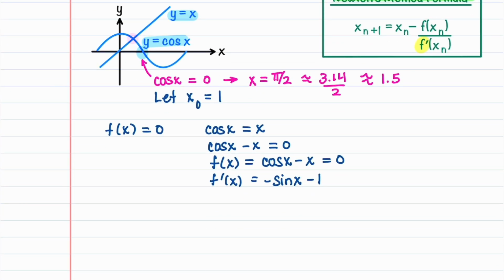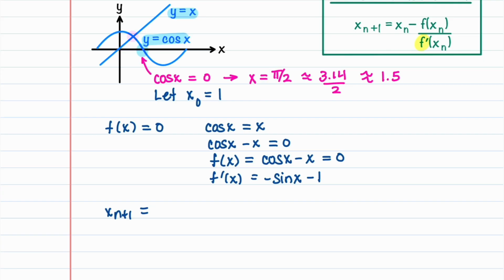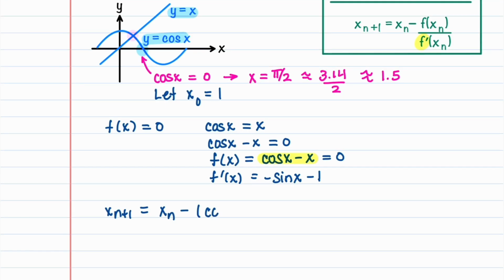We can now then write down the formula for x sub n plus 1. X sub n plus 1 are our approximate solutions. Looking up to the right, it's equal to x sub n minus f of x sub n. Our function is this function right here. So this is cosine xn minus xn.